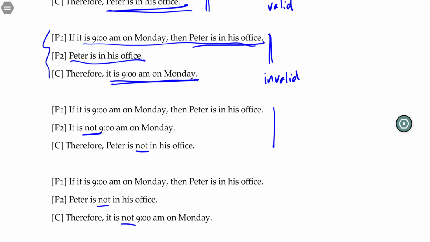And the conclusion is, therefore, Peter is not in his office. Okay, so this is invalid because both of these premises can be true, and the conclusion can be false. We have our rule. It's not 9 a.m. on Monday. Peter might or might not be in his office. And so the conclusion doesn't have to be true.